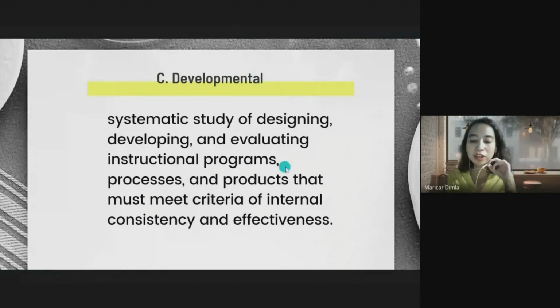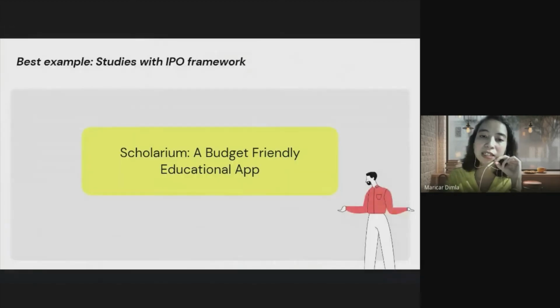So class, ito yung mga study na output-based, product-based, na they're not just simply focusing on the paper, but also they're paying attention to the product or the output of their study or investigation. Okay, let me have this example, class. Since you are dealing with an output-based study, therefore, you have this IPO framework, the input, process, and output. Pero kung hindi naman siya output-based, I repeat, there is no need for the IPO framework.